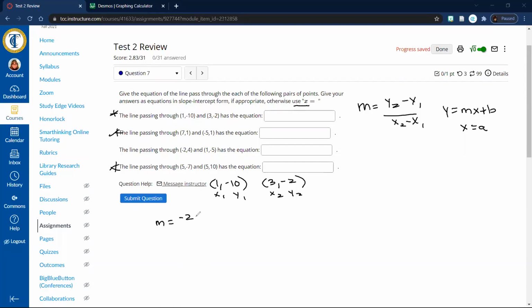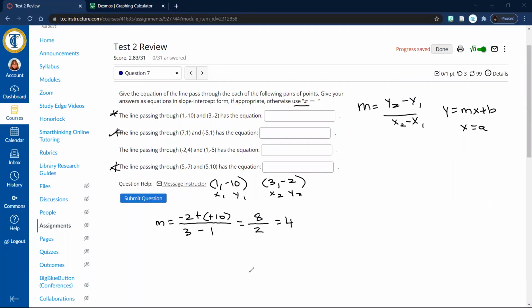So -2 minus -10 in parentheses. And then in the bottom, we have 3 minus 1. Three minus 1 is 2. What's -2 minus -10? 8. Yeah. 2 negatives become a positive. We get 8 divided by 2, which is 4.